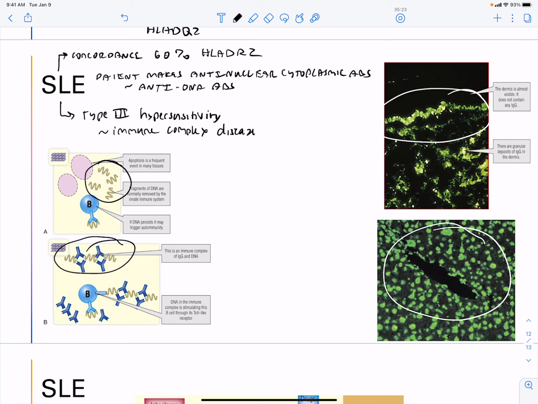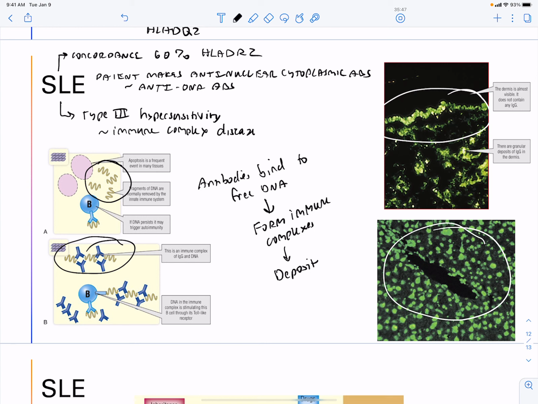So you have antibodies that are going to bind to free DNA, and this is going to form immune complexes. And this is going to deposit in tissues and increase inflammation.